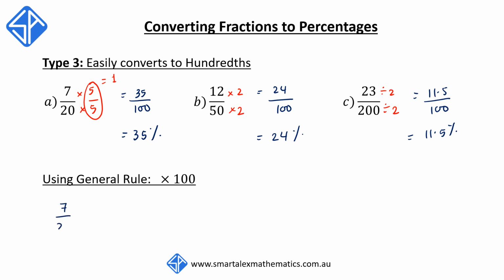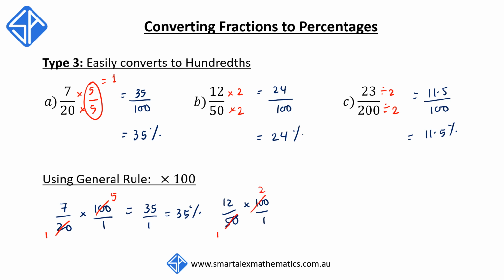So for 7 over 20, if we multiply by 100, which is 100 on 1, the 20 and the 100 will cancel and reduce to 1 and 5. We then multiply the top and the bottom. This will give us 35 over 1, which is 35%. So for 12 over 50, we do the same thing. We multiply by 100 on 1. The 50 and the 100 will reduce to 1 and 2.